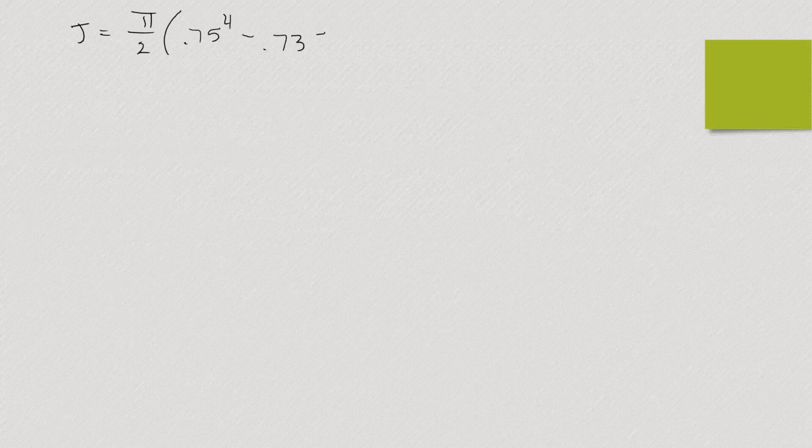So J should be pi over 2 times 0.75 to the fourth minus 0.735 to the fourth. Does anyone have a calculator out? Can you get us a number for that? So while they're calculating that, what are we going to do with this J value once we have it?